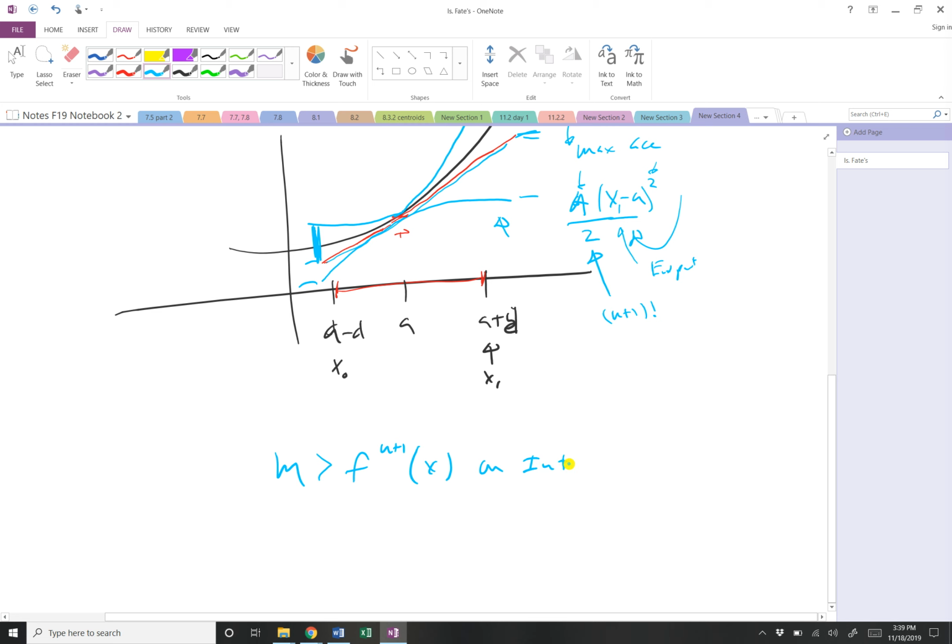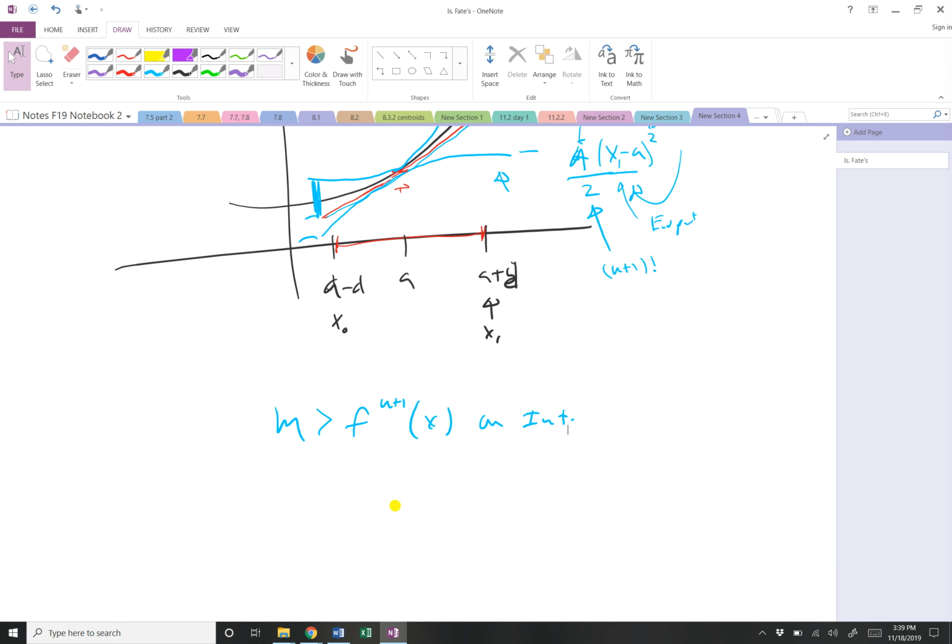You have to maximize that, it's usually an endpoint, and then you have your x minus a to the n plus 1, over n plus 1 factorial. Okay, hope that helps. Thanks.